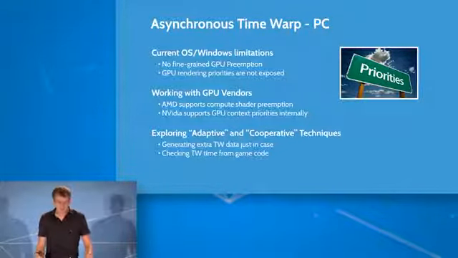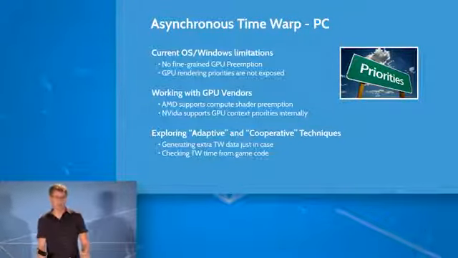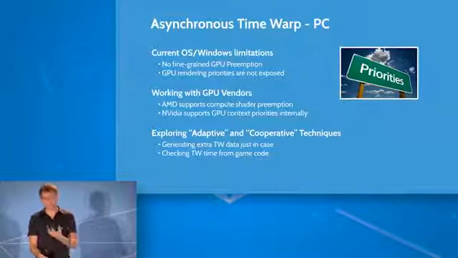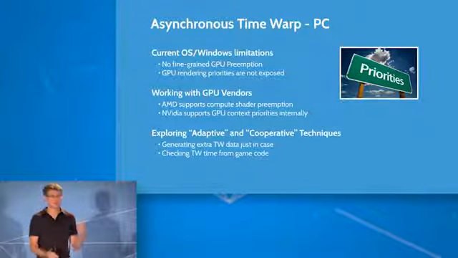Besides having this functionality, we're also exploring different adaptive and cooperative ways. One way to look at it is, instead of doing real preemption, if it doesn't work, you can try to generate one extra frame, if at our driver level we allow you to submit predicted frames.